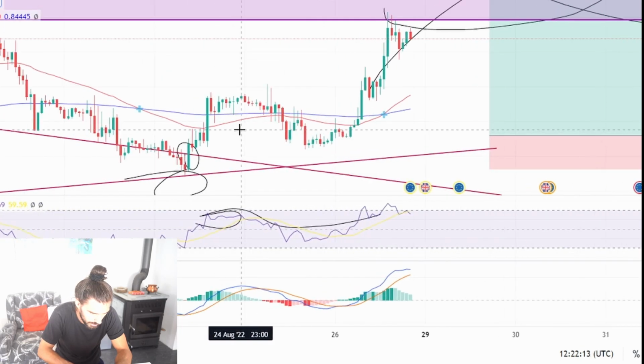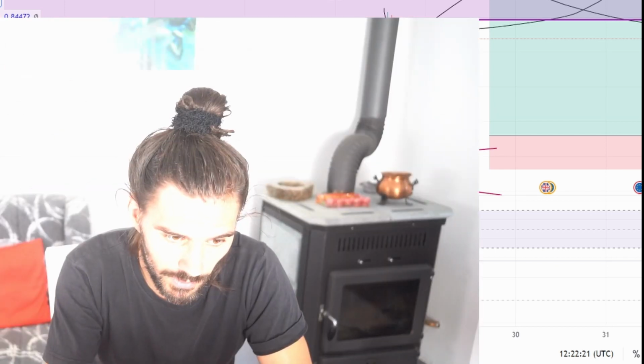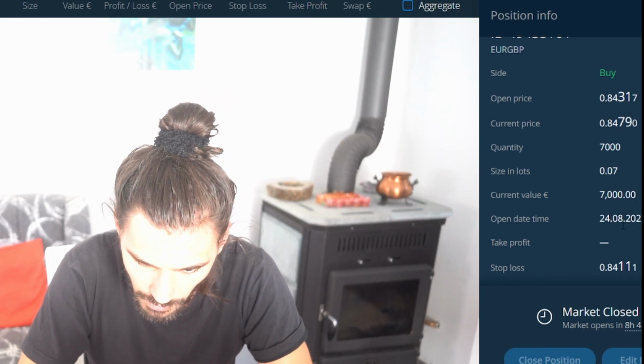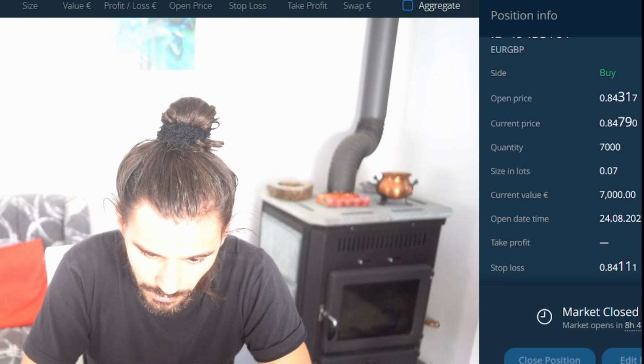And here we can see the 24th August after this candlestick. Here it says 2 o'clock because I'm in Europe, so the time difference is a little bit different, but it is here the 12th, midday kind of time.